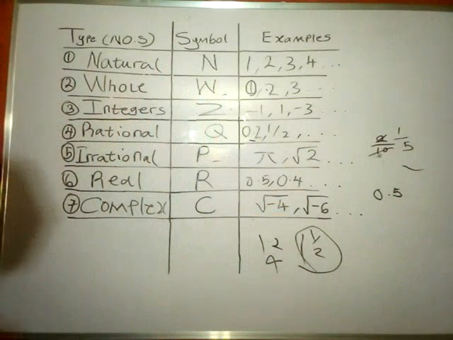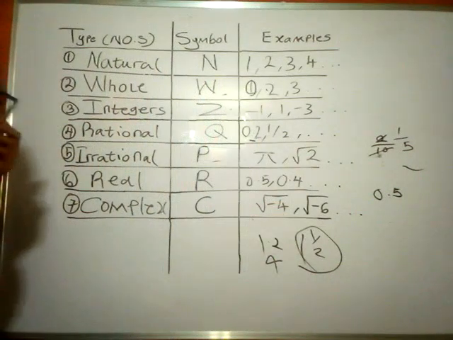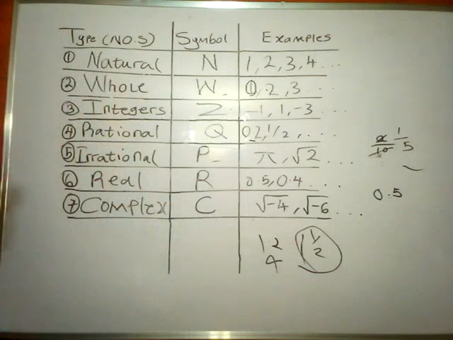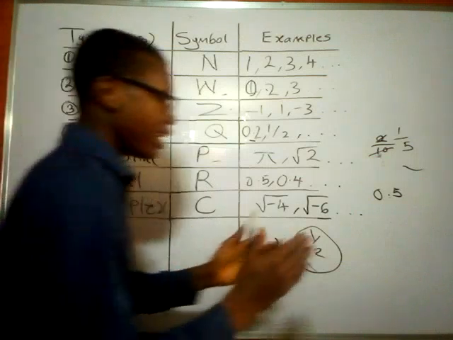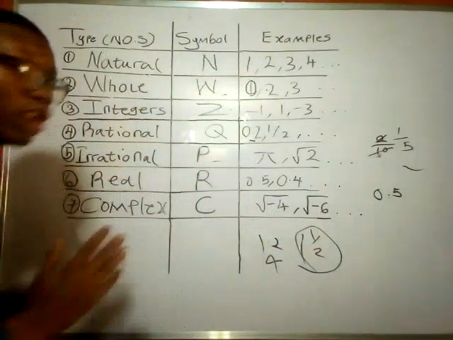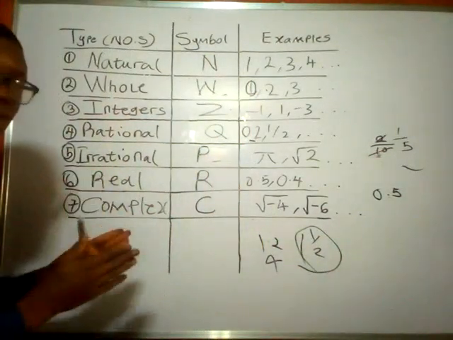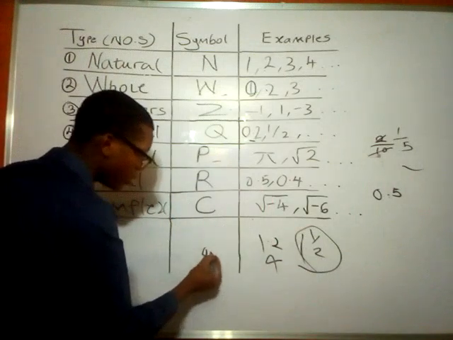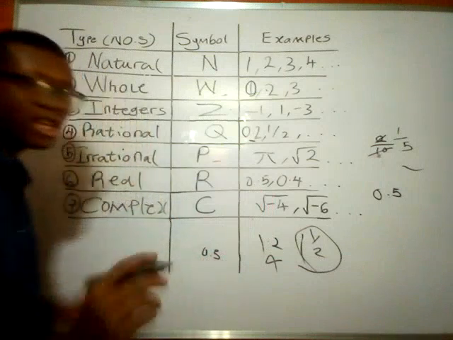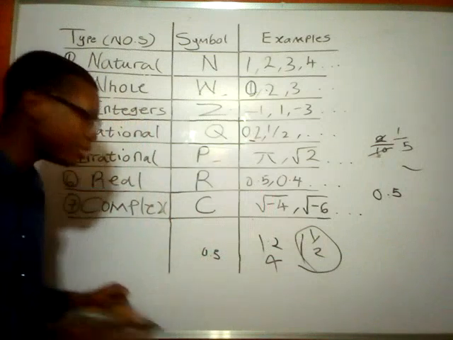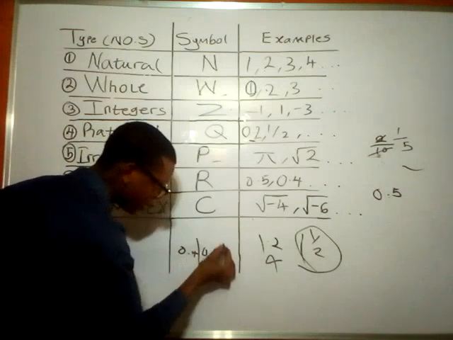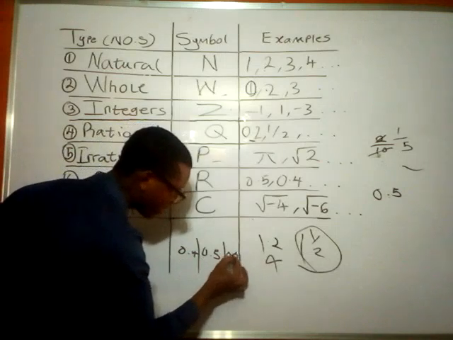Now number 6, we have real numbers. Real numbers are denoted by the symbol R, and all numbers so far that we have seen are real numbers. Real numbers are numbers which have limits. That is, if we have a number, for example 0.5, it is within the range of 0.4 and 0.6.